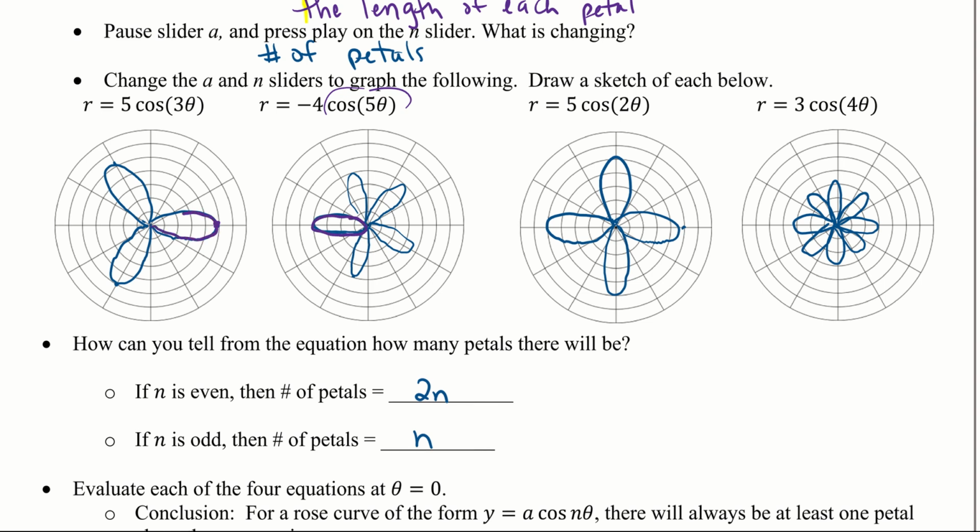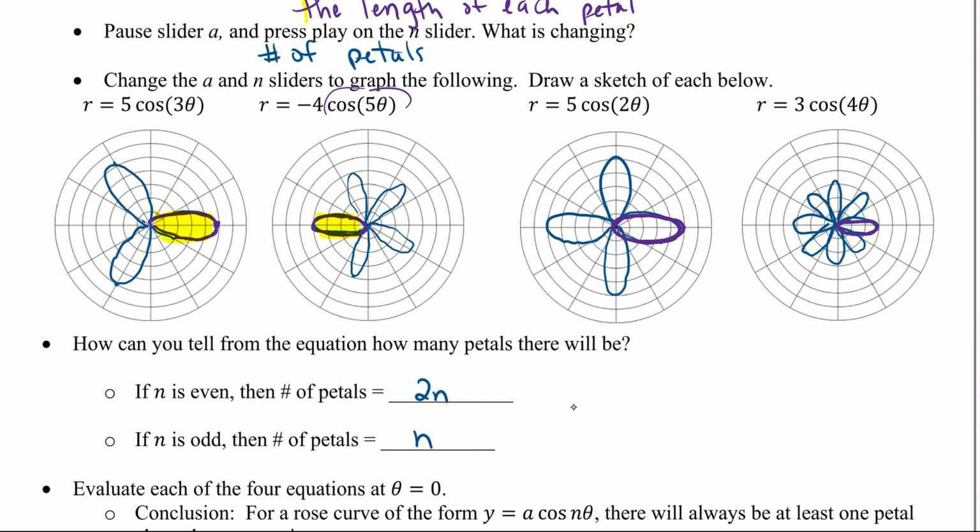This gives us where this petal is. If I plug in a 0 for this one, 2 times 0 is 0. Cosine of 0 is 1 times 5. Gives me that petal. And here, if I plug in a 0, I get 1. Cosine of 0 is 1 times 3 is 3. So that can give us one of our petals.